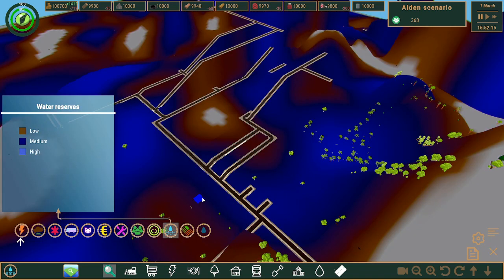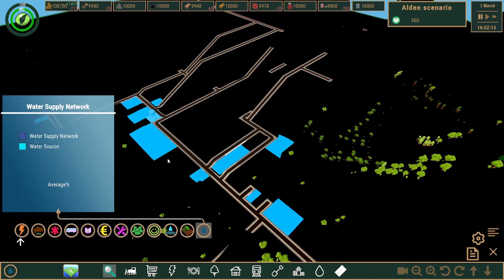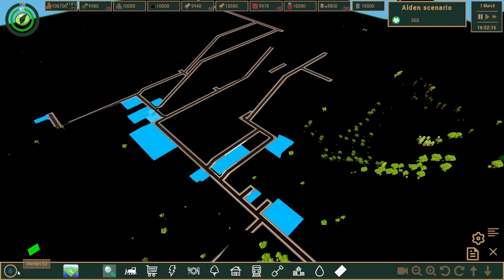That's very important because you need to put your water pump where the water is. Arable land, that is to put all your different farms on the map. And finally, the water supply network: is it working correctly? Are all the different buildings linked to the water network?